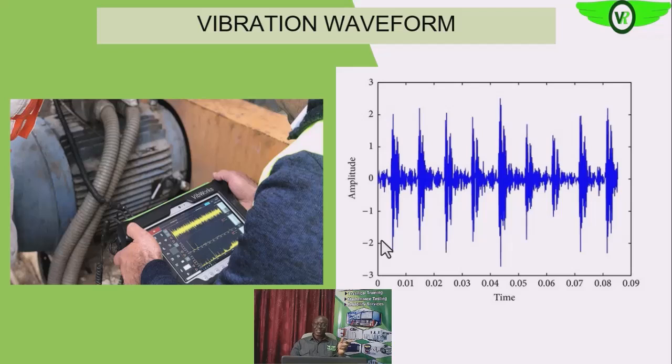Like we did with the voltage waveform, we can do a fast Fourier transformation on this vibration waveform, and that will be able to separate the vibration waveform that we have into their respective frequencies. And the beauty is that various fault conditions on the electric motor and even on the pump appear at different frequencies, as we will see later.